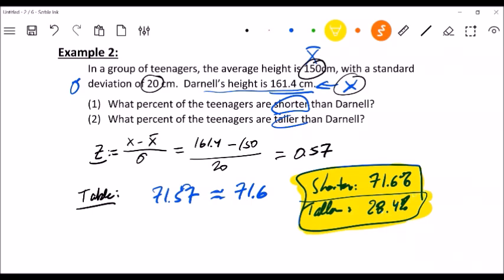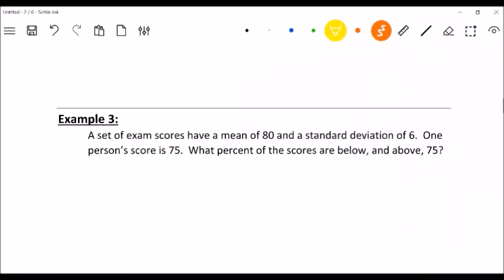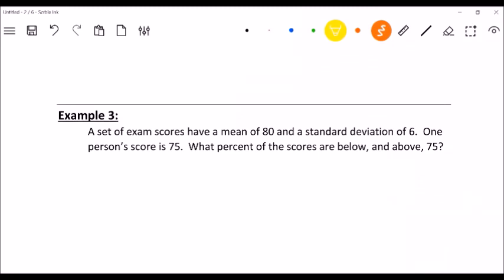Okay. Let's go on to example 3. Set of exam scores have a mean of 80, standard deviation of 6. 1 person scores 75, and then below or above, same thing as before. In fact, this is a good one to practice.